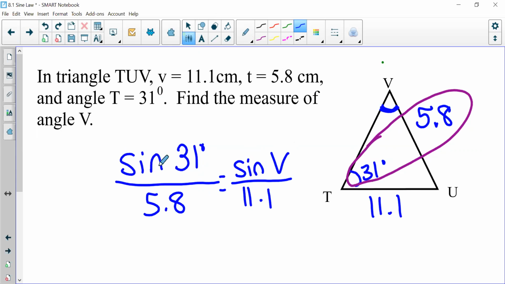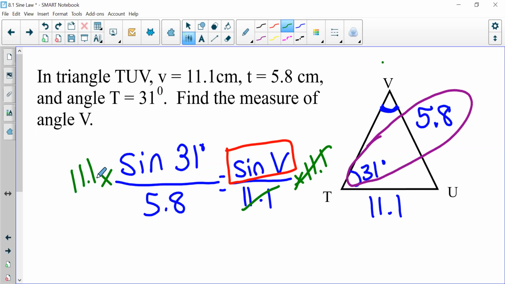The sine has to stay with your angle measurement. You don't put sine with a side length, only with angle measurements. This one looks a little bit weird, but this is my variable. So how do I isolate my variable? Multiply 11.1 to both sides. 11.1 times sine of 31 divided by 5.8.